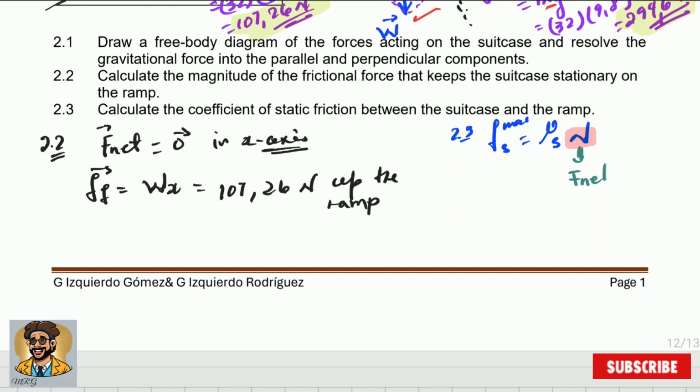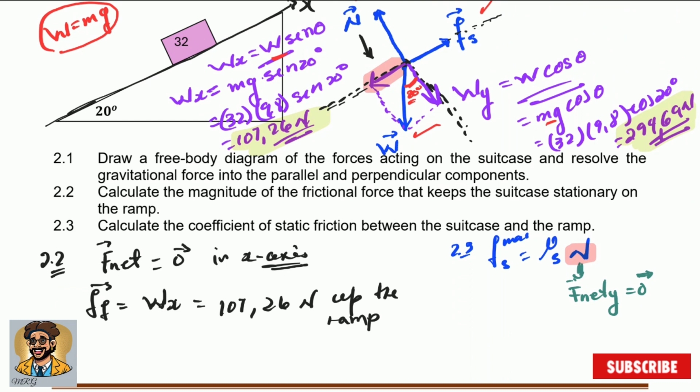We say F net in the y-axis is equal to 0. The object is also not moving in the y-axis here. What forces do we have in the y-axis? Let's go back to the free body diagram. In the y-axis, we have the normal and we have the vertical component of the weight.